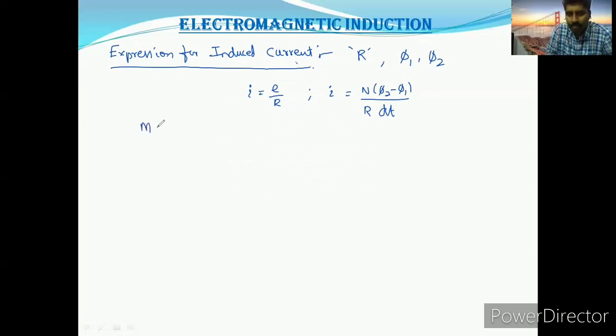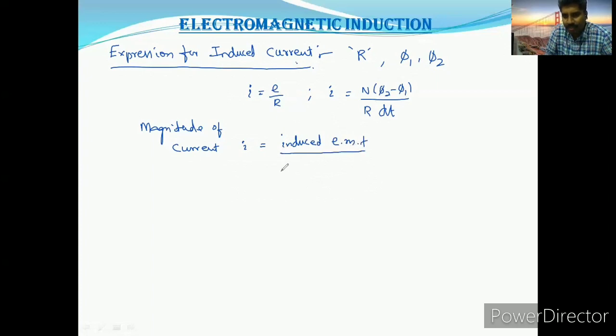From this, the magnitude of current I is equal to E, the induced EMF, by R, the resistance in the coil or circuit, whatever you want.